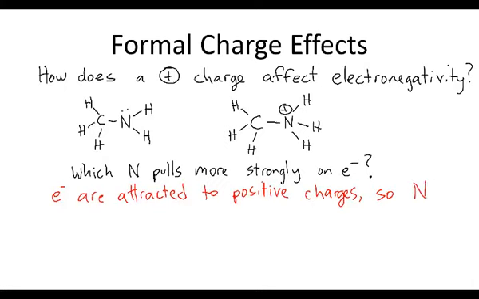So nitrogen with a positive formal charge pulls more strongly on electrons than nitrogen with a neutral charge.